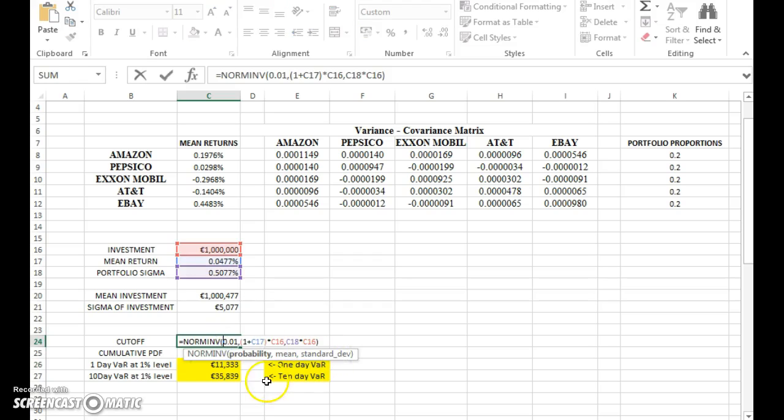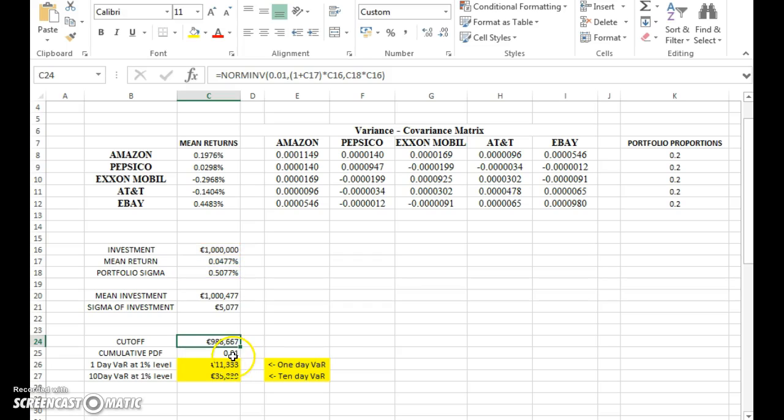We can simply find a cutoff point on our investment, which is the NORM.INV of the significance level, which is our 1%, this 0.01. We get the NORM.INV of the mean returns on the portfolio, as well as the standard deviation on the portfolio. And the cutoff point here is this 988,000. If we subtract this away from the initial investment, we get the one-day VaR.